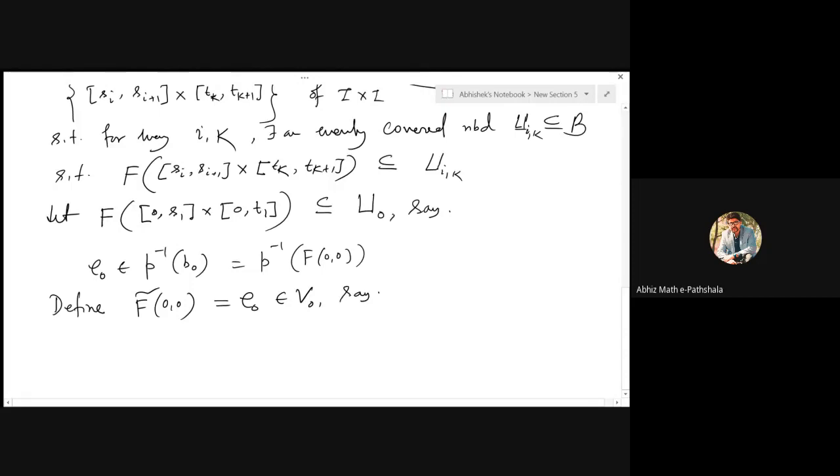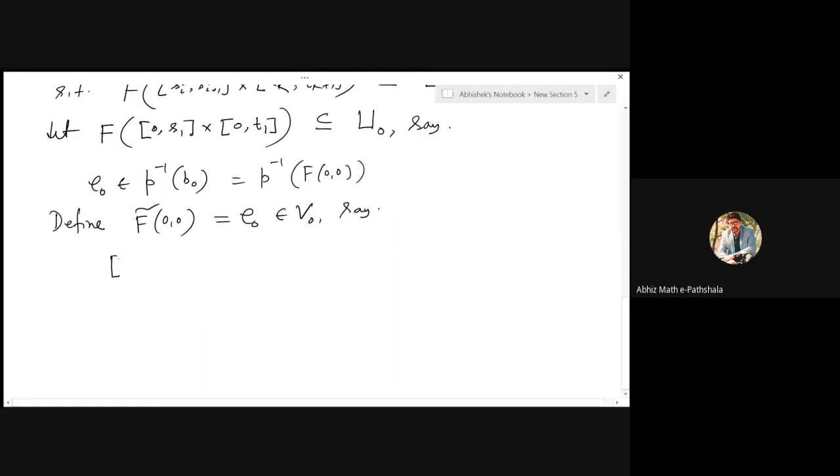Now, in order to make f tilde continuous, the image of a connected set must be connected. Since this small square is a connected set, f tilde of this set must be connected, and since f tilde of 0, 0 is in V naught, it will be contained in V naught.